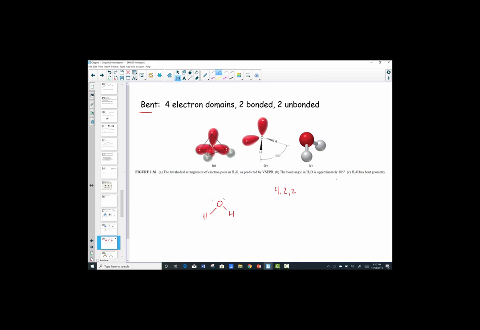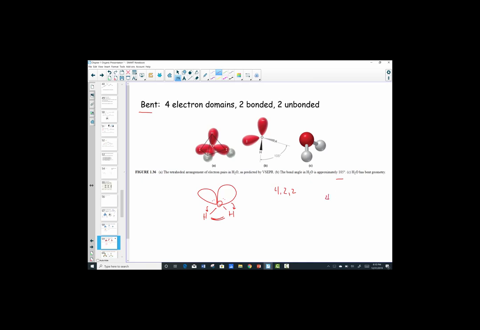The bond angles are about 105 degrees, knowing that we have two electron-rich areas that are going to decrease the bond angle between these two hydrogens, just knowing that electrons take up more space. That electron cloud needs more space, and it pushes the hydrogens a little bit closer together.